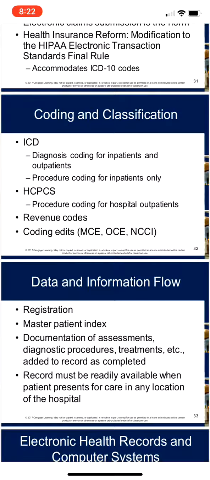The National Correct Coding Initiative, NCCI, or your CCI, edits also apply to the APC system. The purpose of the CCI edits is to prohibit unbundling of procedures, a practice that results in excessive payment to the provider when multiple codes are reported instead of a combination code.